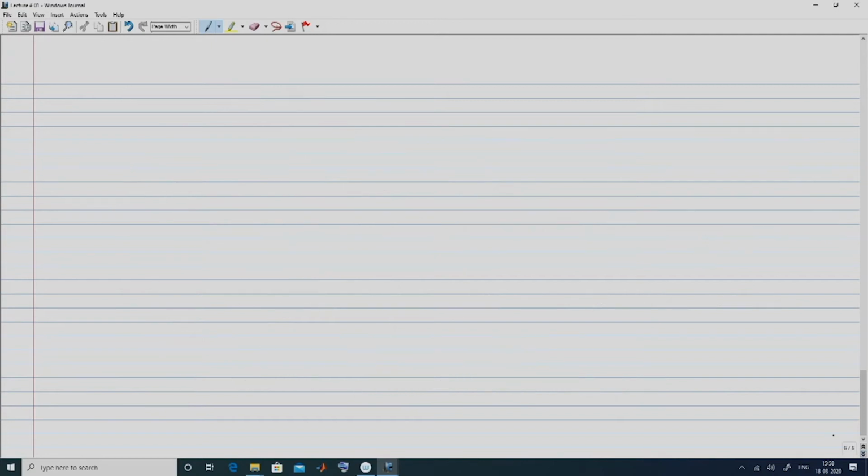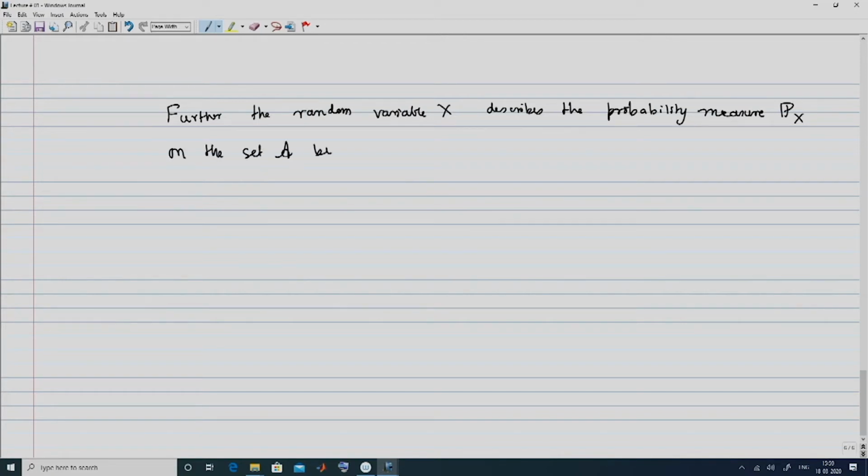All right. So, just to wind this up, I will just say that further the random variable x describes the probability measure. So, I am bringing the probability measure into the picture again. It describes the probability measure, fancy P with a subscript x, on the set A, by probability subscript x of little x i.